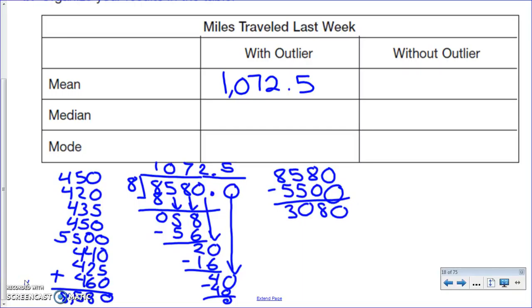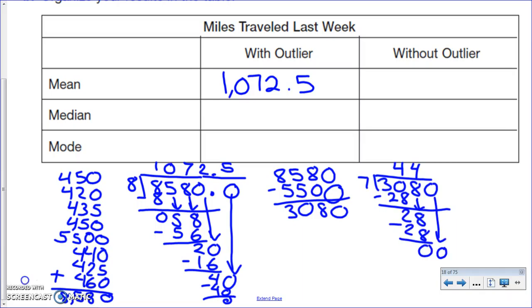So now we're going to take 3,080 and divide that by 7, because once we take the outlier out, we only have 7 data points. So without the outlier, we end up with a mean of 440.